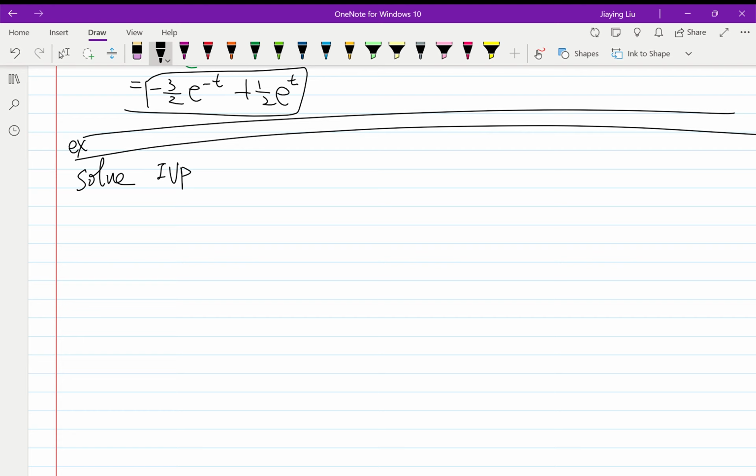This is example 2. y double prime minus 4y prime minus 12y equals sine 2x, with the initial conditions y of 0 equals y prime of 0 equals 0.